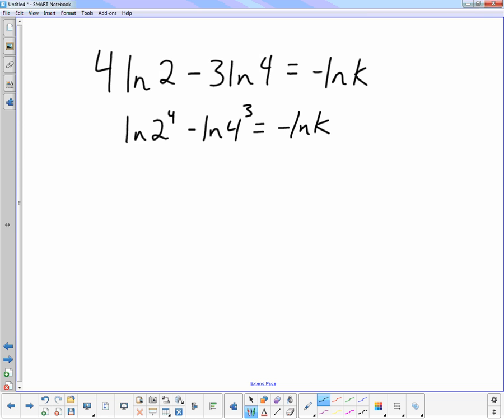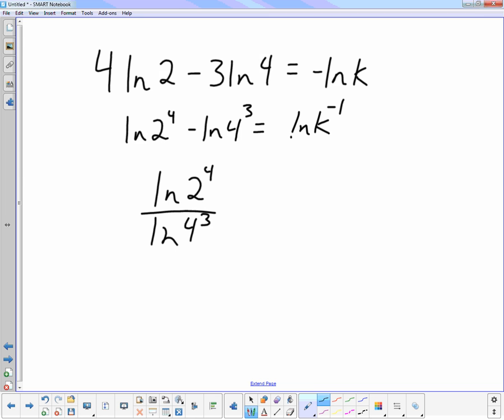And this exponent can also go up. Now, this left-hand side, subtraction becomes division. It does not become the natural log of 2 to the 4th over the natural log of 4 to the 3rd. I've seen some people do that. They're turning this into this. And that's not true, because you're saying subtraction is division.